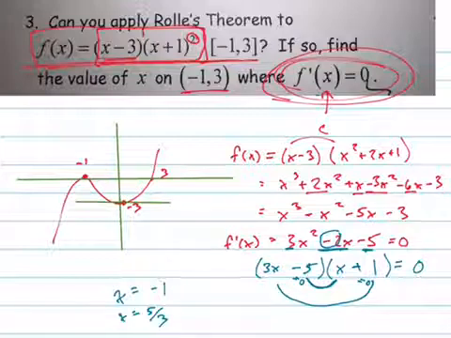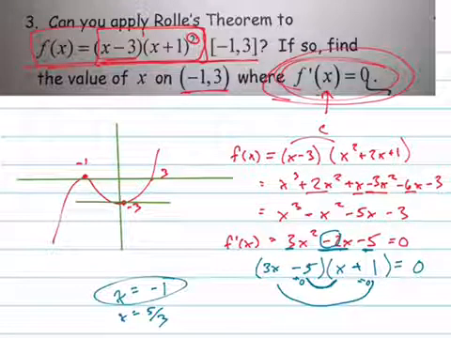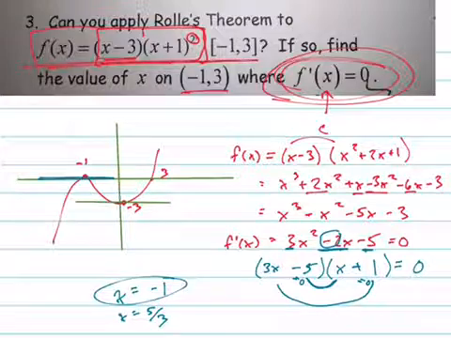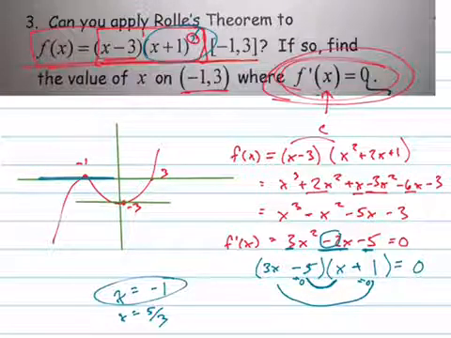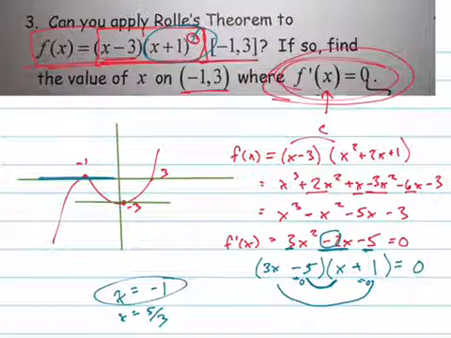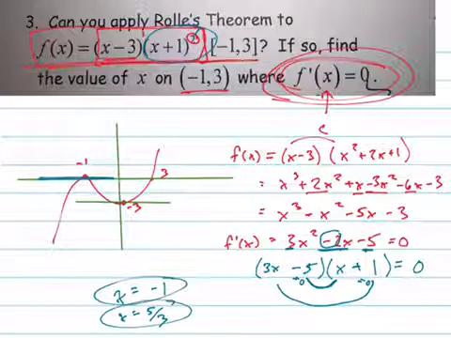We knew -1 was going to be there, didn't we? We knew that had to be there because we knew it bounced because of the double root. We knew it had to have a tangent line there. But that one's not included, that's right. And so this one is the one that you want for the answer.